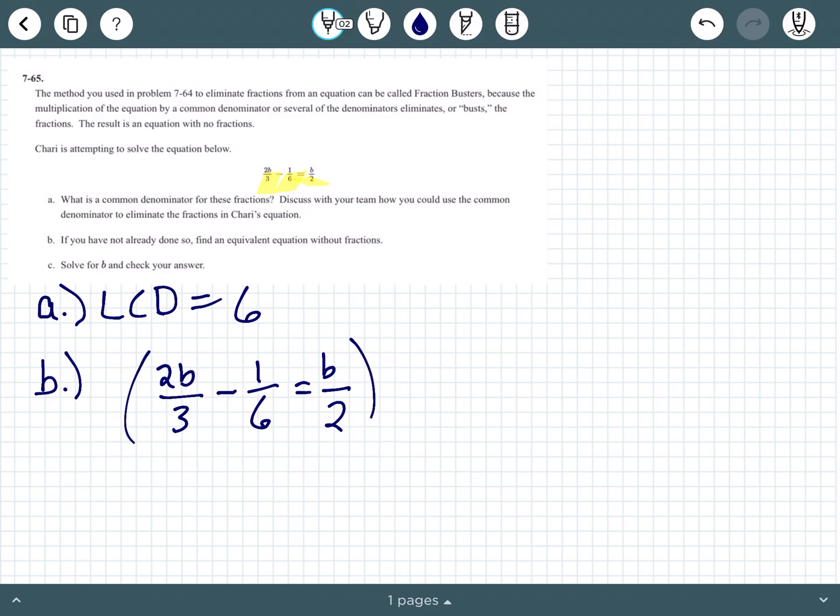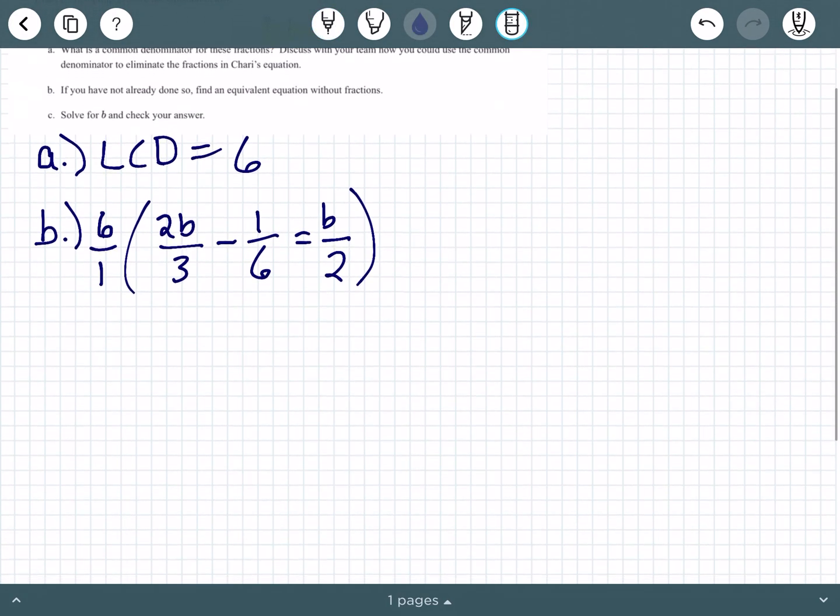Now, remember what we're doing with this least common denominator is multiplying everything in the equation by that. So I'm going to make it a fraction just because I think it's easiest to work with. If we have some fractions, it's easiest to work with all fractions.